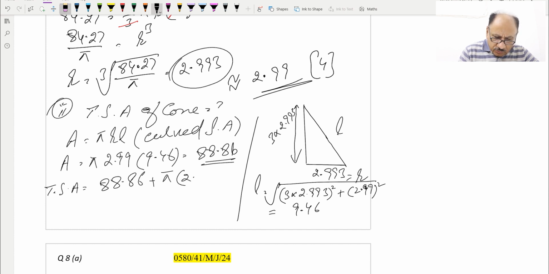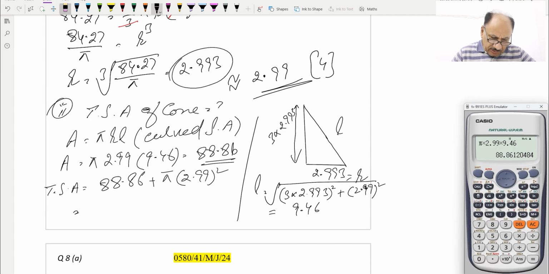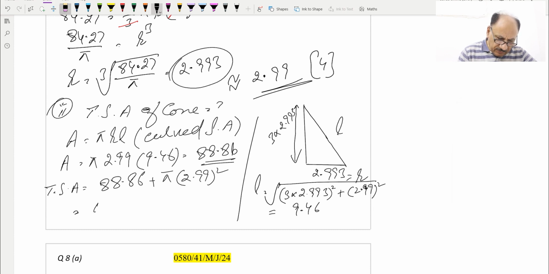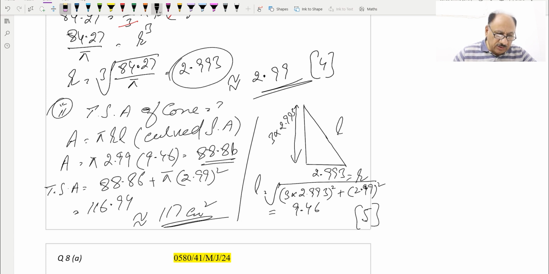So r value is 2.99, so pi into 2.99 square, and this will be giving us 116.94. So we can write 116.94 as 117, and this will be centimeter square. And keep in mind, this is the 5 marks part which we have done, and this is our final answer.